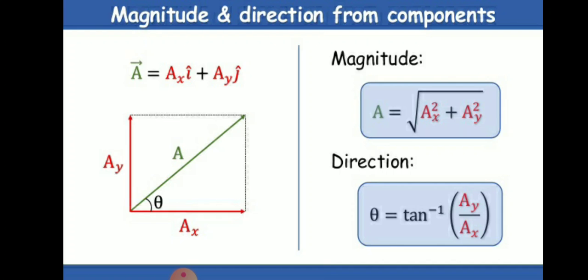Direction: tan theta is equal to opposite side, that is Ay, divided by adjacent side Ax. Therefore theta is equal to tan inverse of Ay by Ax.